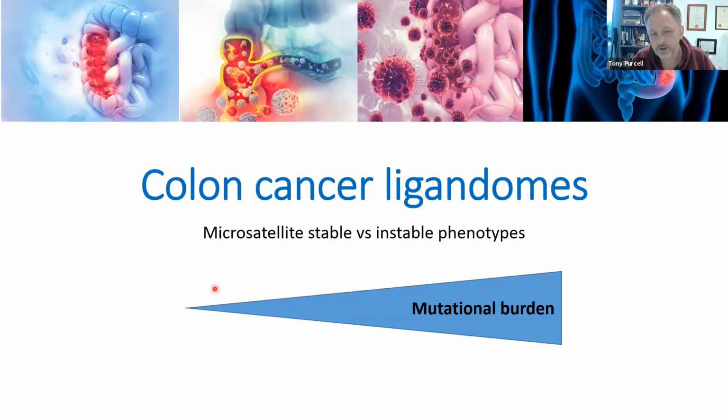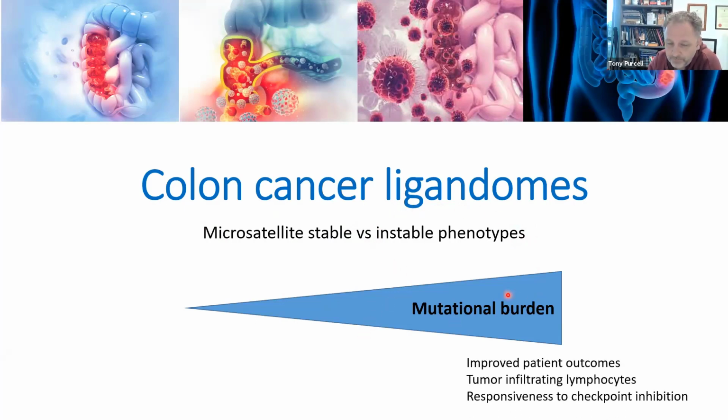The data I'll show you highlights two different phenotypes of colon cancer: so-called microsatellite stable colon cancer, which has low mutational burden and sufficient DNA repair, through to a microsatellite unstable phenotype, which, because it does not have DNA repair, has increased mutational burden.